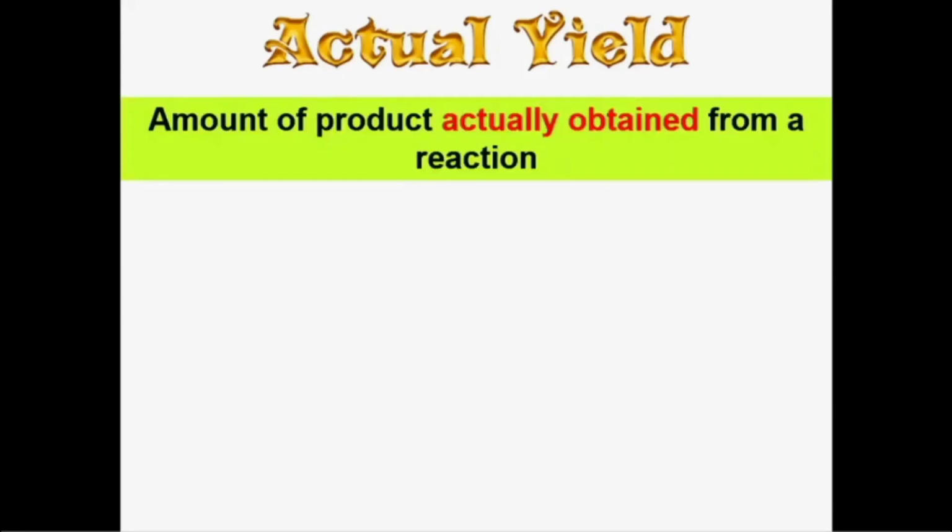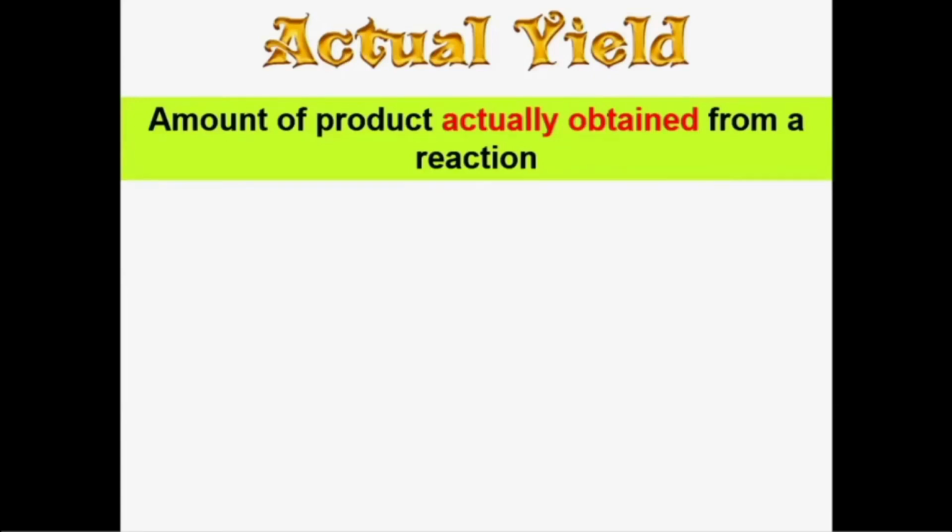Right, so next is the actual yield, or hasil sebenar. Just now was theoretical yield, hasil teori, and this time is actual yield, hasil sebenar. So what is actual yield? Actual yield is defined as the amount of product actually obtained from a reaction.